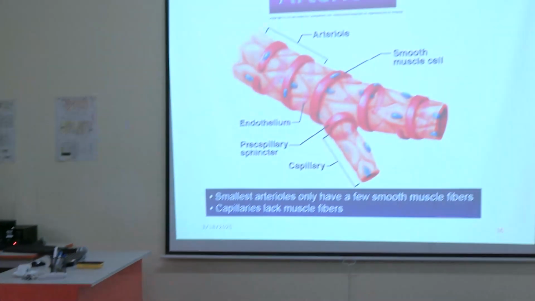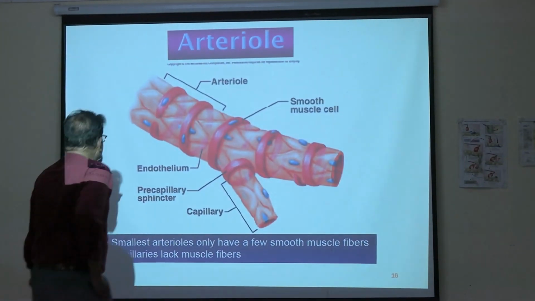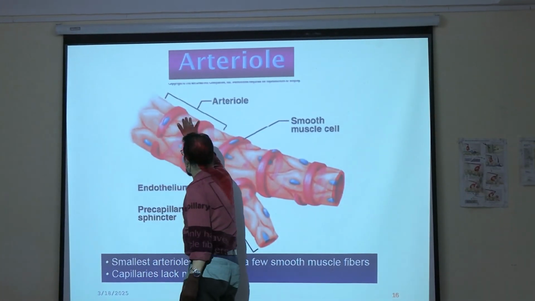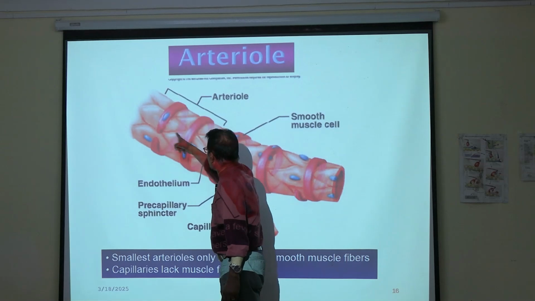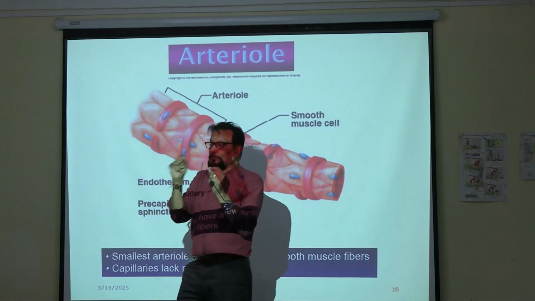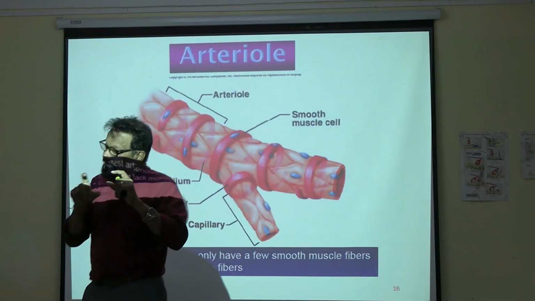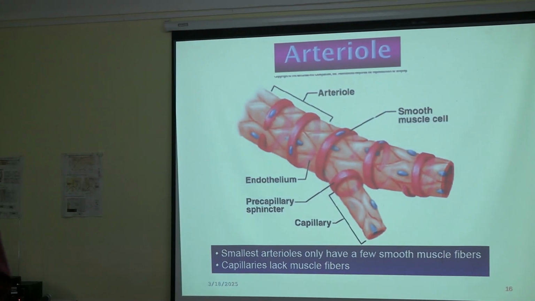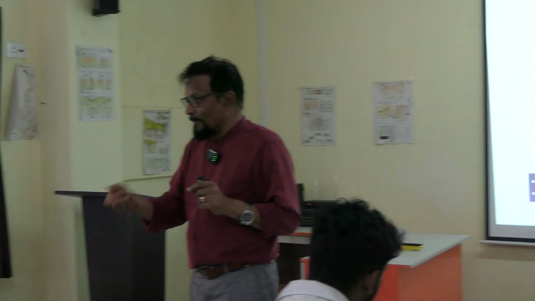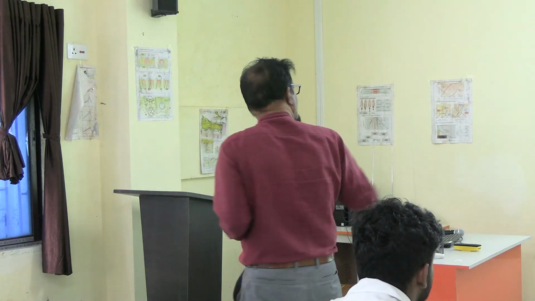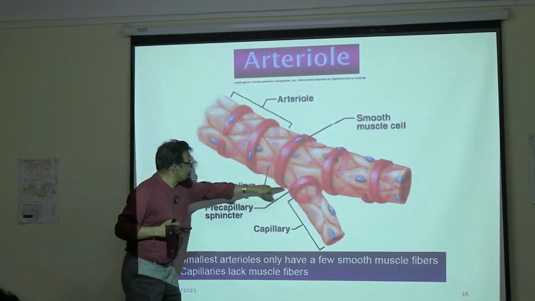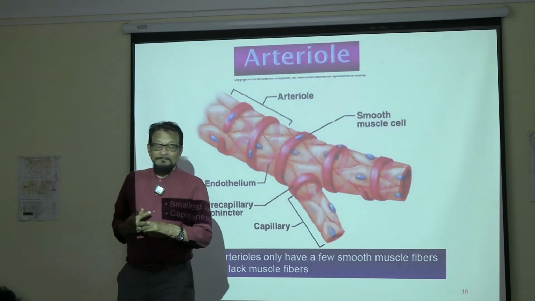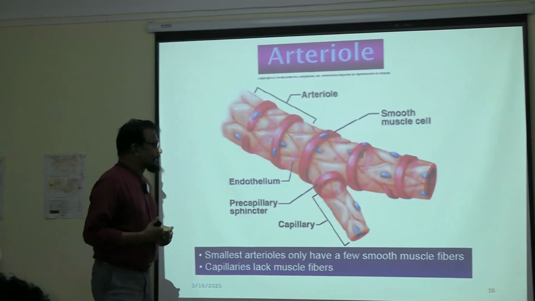See the arteriole. These cells are endothelium. And see here, the smooth muscles are less, only a few. They are multi-unit, all having their own innervations. And what is this? Precapillary sphincter.